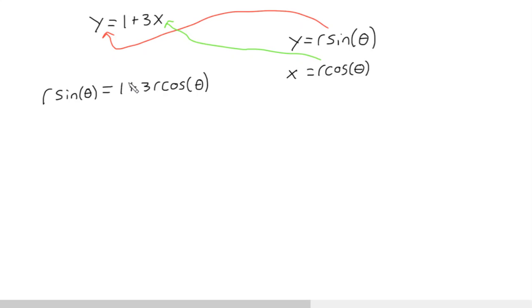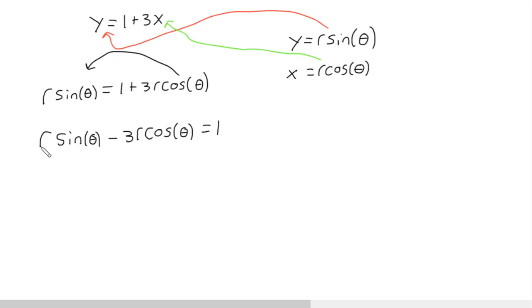So I'm going to bring this term over to get all of my r's on one side, subtracting it. So r sine theta minus 3r cosine theta is equal to 1.